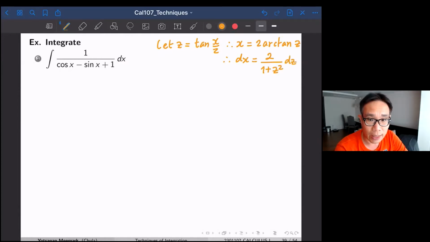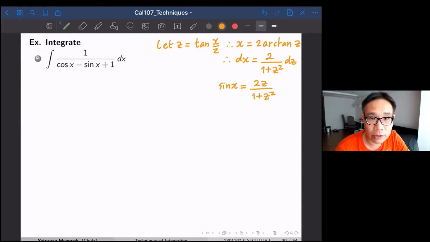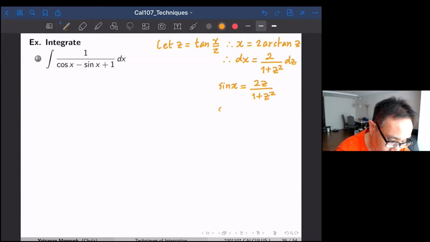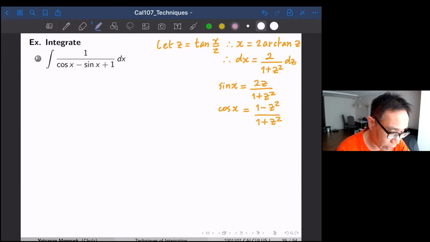And then you're gonna have sine x equal to 2z over 1 plus z squared by trigonometric identity, and cos x turns out to be 1 minus z squared over 1 plus z squared. And so you're gonna substitute them.